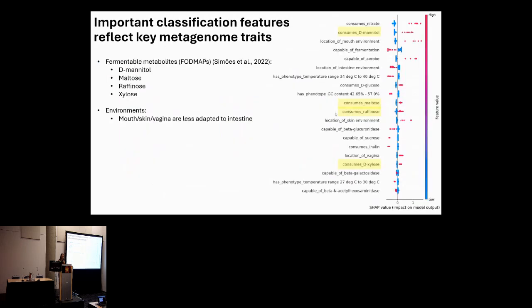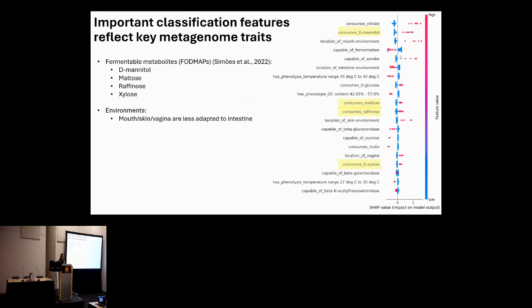And so what we found was some really interesting biological results. I highlighted 4 key metabolites that came up as the top features in this model in its influence of predicting this outcome of increased or decreased IBD. These 4 metabolites, D-mannitol, maltose, raffinose, and xylose, are small fermentable metabolites, or FODMAPs, that have been shown to exacerbate IBD symptoms of bloating and abdominal pain because they increase gas production in the gut and they're poorly absorbed.